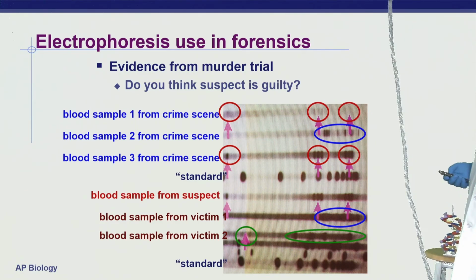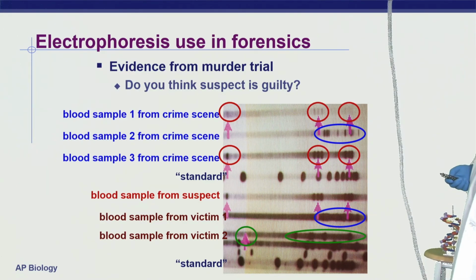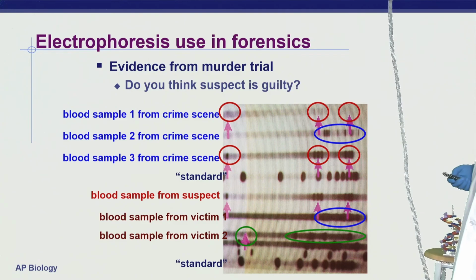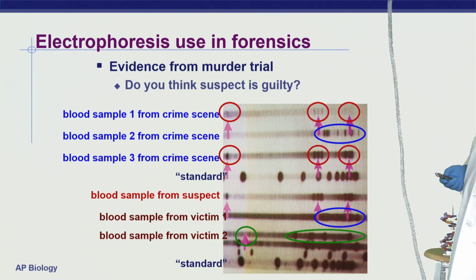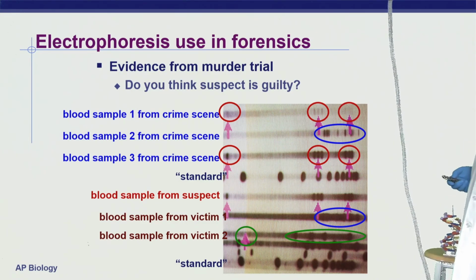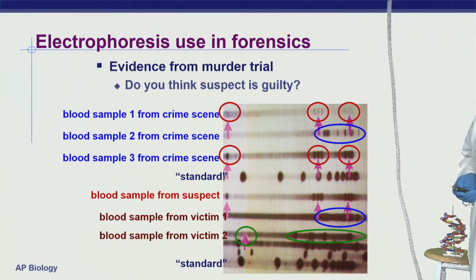And then the blood sample from the suspect. So does the suspect's blood sample match any of the blood samples from the crime scene? Yeah, it looks like a match. Would you say that suspect is guilty?